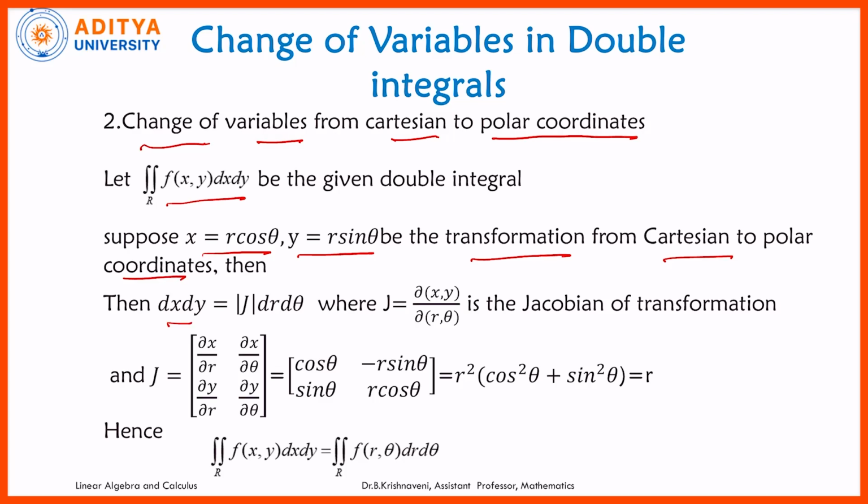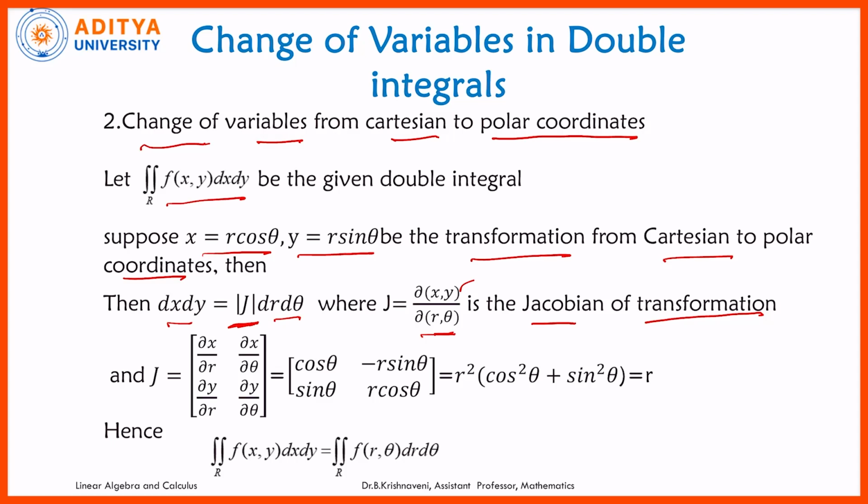Then dx dy is equal to modulus of J dr d theta. Modulus of J means absolute value of J, where J is the Jacobian, given by Jacobian of x, y with respect to r, theta, that is dou of x, y by dou of r comma theta, which we call the Jacobian of transformation.